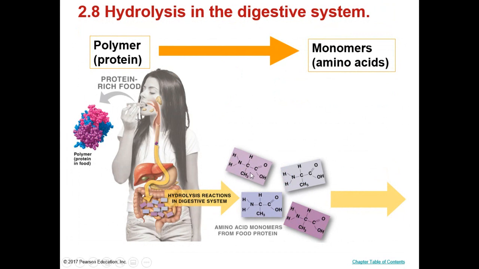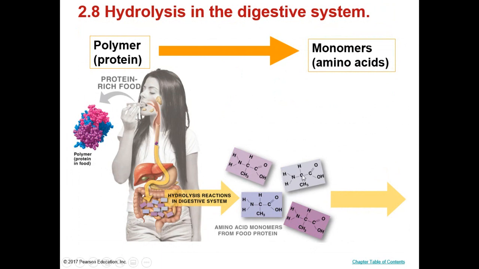If you were to put together all of these amino acids here, how do you know they're amino acids? Well, because they have nitrogen. So put them together linearly, one after the other, using peptide bonds. All of a sudden you made a polymer made up of 4 amino acids held together by peptide bonds.